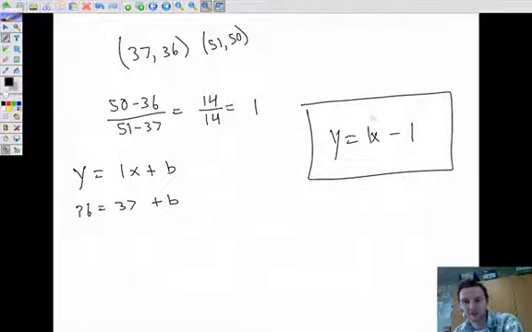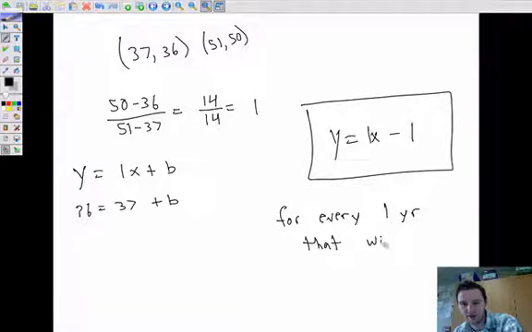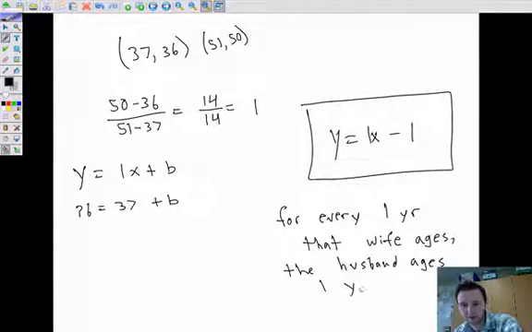So this slope of 1 means that for every 1 year that the wife ages, the husband ages 1 year also.